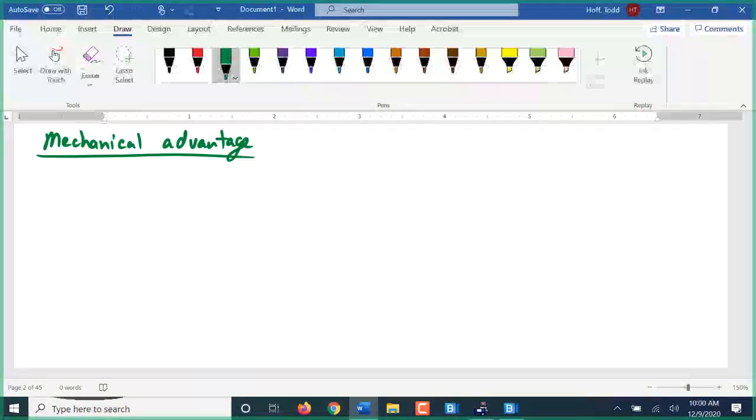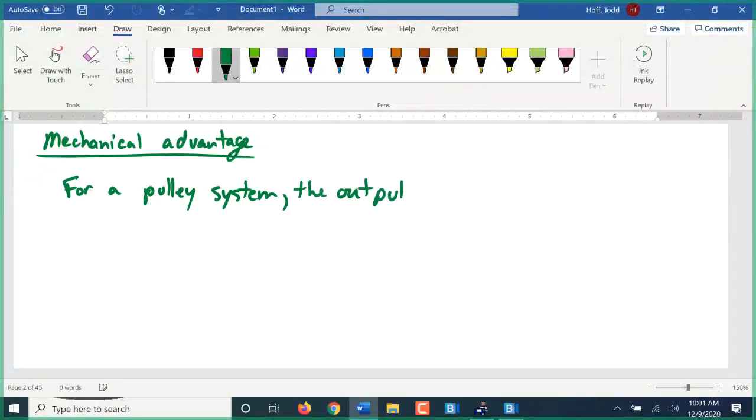But let's say that for a pulley system, the output force is directly related to the input force.